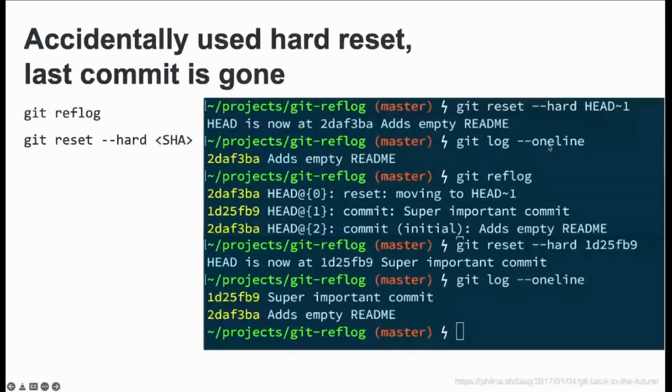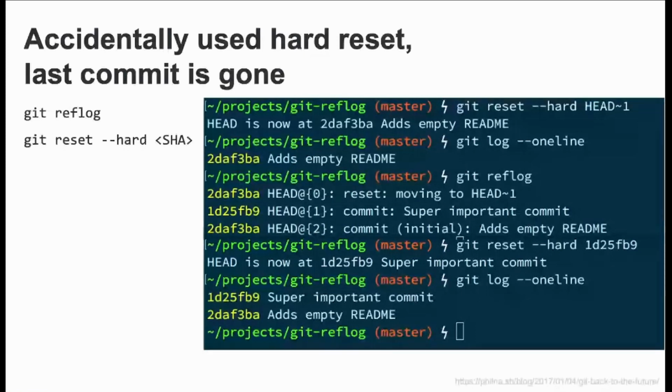In the log, my super important commit isn't there. But if I type git reflog, I can still see my super important commit. Then I can do a reset on this ID, and my super important commit is back there. Still, my untracked changes are lost forever, but at least my super important commit is back.